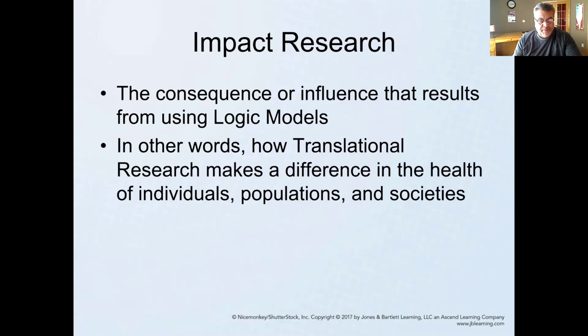Imagine if we're doing impact research on COVID-19, and an impact statement would say, if we follow these evidence-based measures or these interventions, it would save this many people from dying, or save this many people from becoming severely ill or disabled.